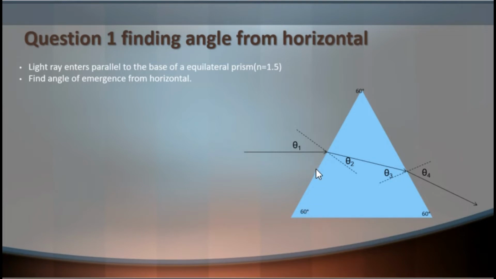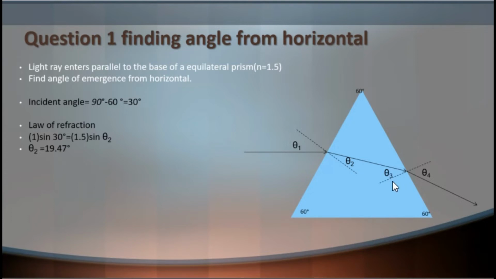Therefore, this angle must be 60 degree. Since the normal line is always 90 degree with the surface, therefore 90 degree minus 60 degree, we can get 30 degree. And in order for us to find theta 2, we use Snell's law, and we get 19.47 degree.